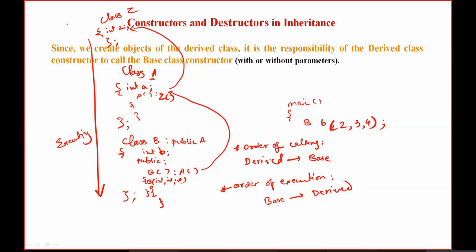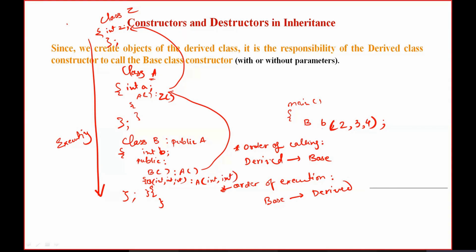Now, once that constructor is called, the compiler will implicitly call the default constructor of its base class. But do we want the default constructor to be called in this case? No. Because we are passing some values for the above classes to get initialized. That is why we have to make an explicit call, and we have to pass whatever data members are required by all the previous classes.